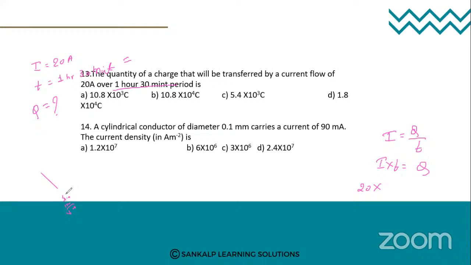Correct, Shivaruni. 1 0 extra you have written or what? 5,400 seconds. Yes, 5,400 seconds. So you can just multiply and check with the answer, students. Question number 13. So 20 into 5,400 seconds.